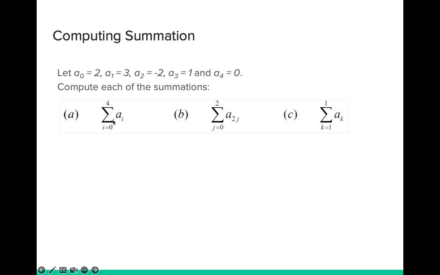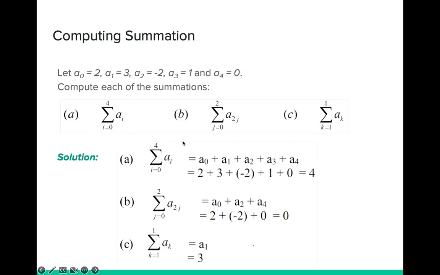So the first one will be the summation from i equals 0 to 4 of a sub i. So what is the index of the summation here? It would be i. The lower limit is 0 and the upper limit is 4. So we will keep on summing up all the terms of a sub i, from a sub 0 until a sub 4. What you can actually do is just substitute all of the values of i until it reaches 4.